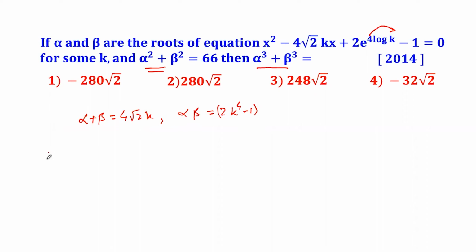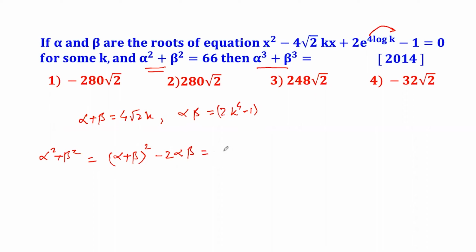And alpha square plus beta square, with the help of alpha plus beta, I can find: alpha plus beta the whole square minus 2 alpha beta, right?